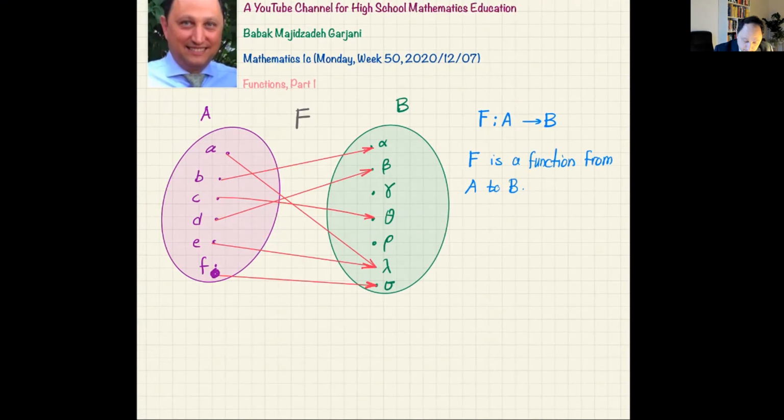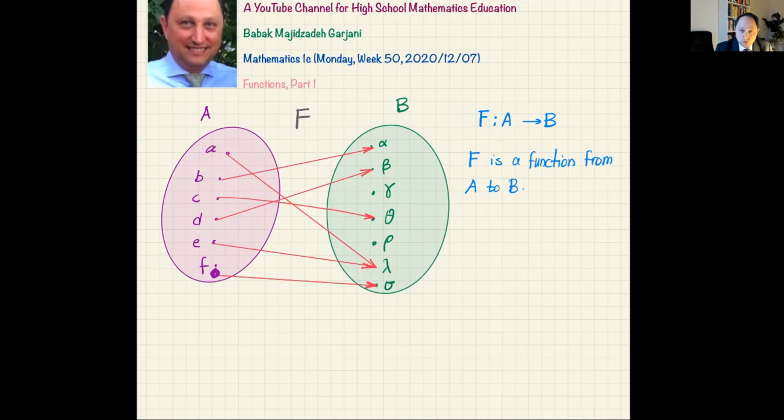What is the image? This is the word that you need to remember. What is the image of A under the function f? This terminology means what is on the right-hand side of this arrow coming out from A? So simple as that. So what is the image of A under the function f? You see, you follow the arrow and you get lambda. So you say that the image of A is lambda.